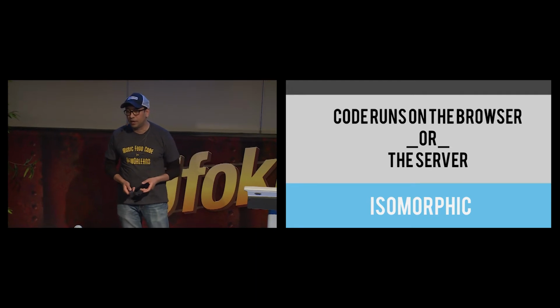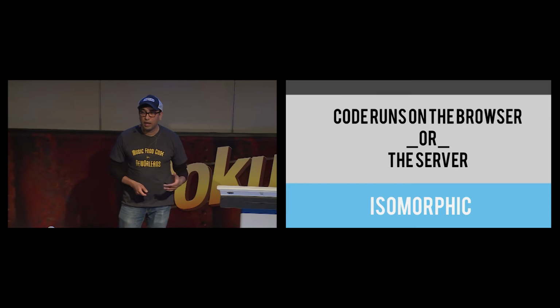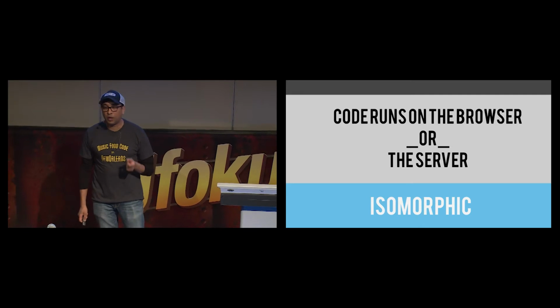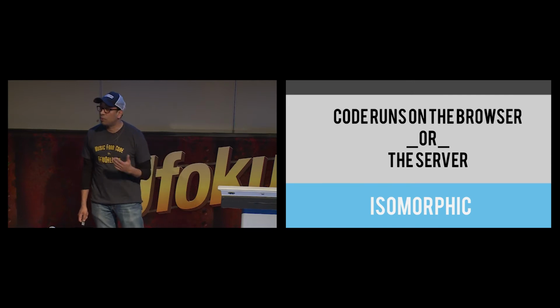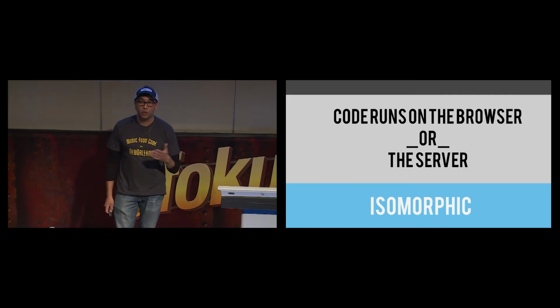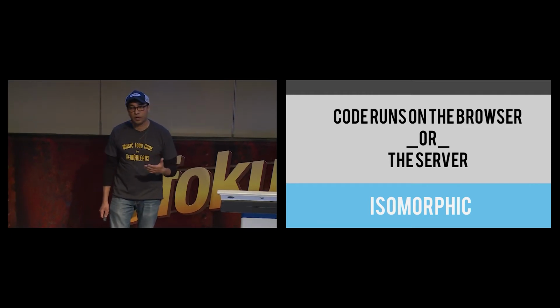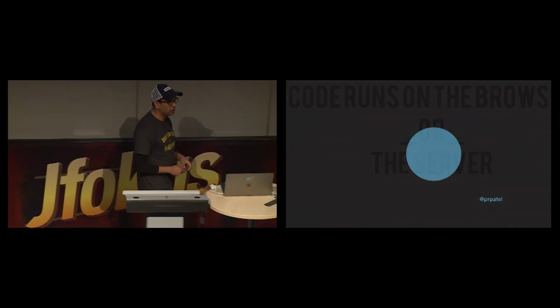So the idea is that you can write your code that is normally meant to be run inside of the web browser and only in the web browser, but you can actually also execute your code on the server and send up what we call pre-rendered components to the web browser. So the web browser has to do less work. You do the heavy lifting on the server as opposed to doing it in the web browser itself. Right? There are some good use cases around that, which we'll discuss shortly.